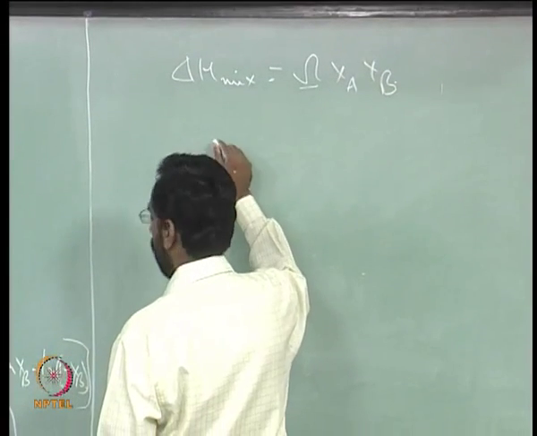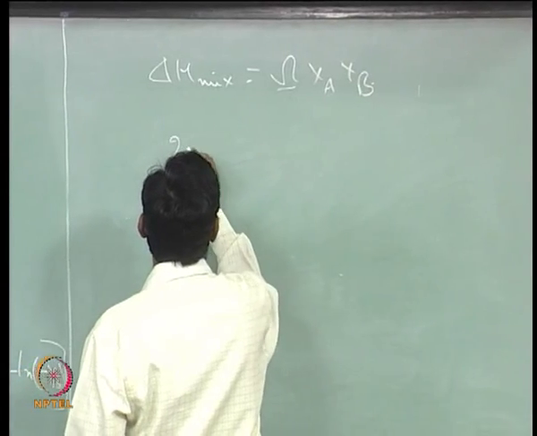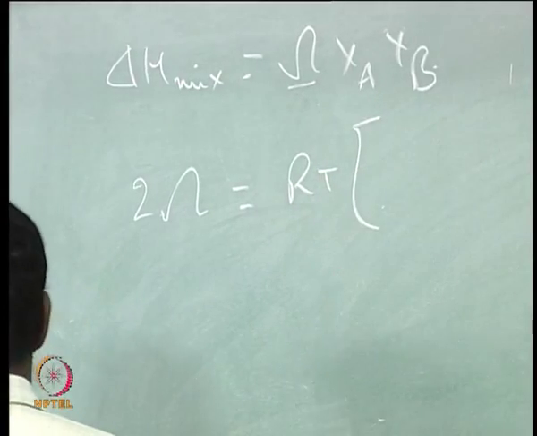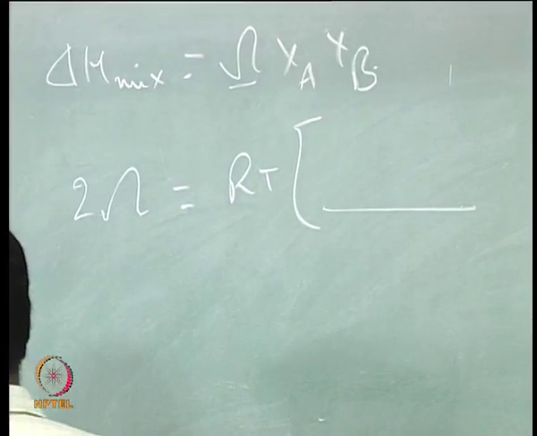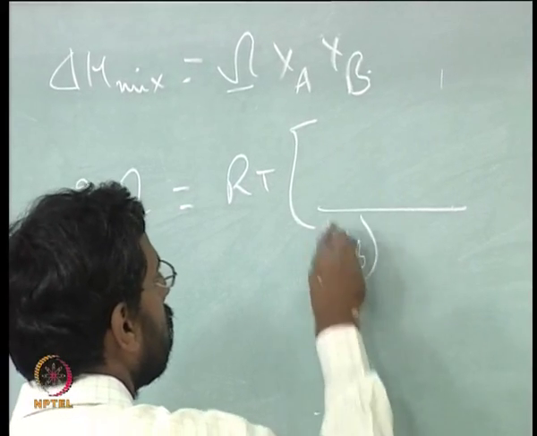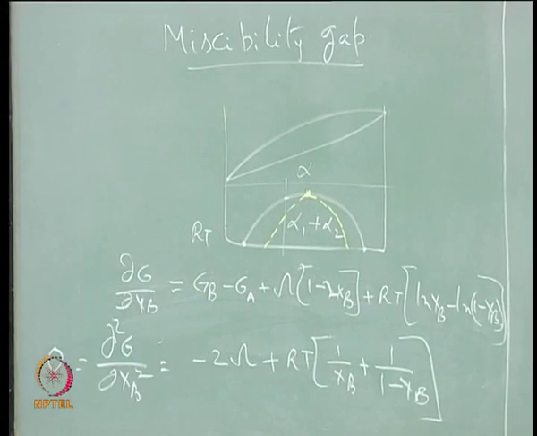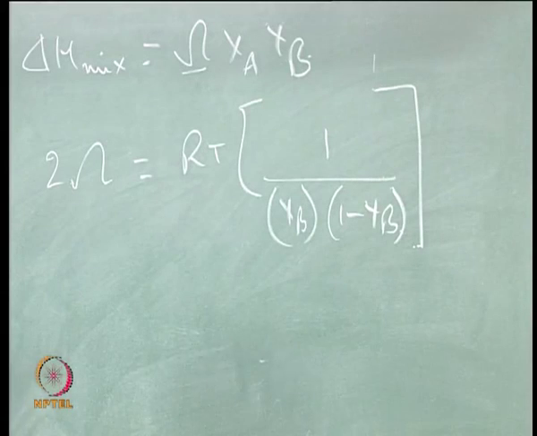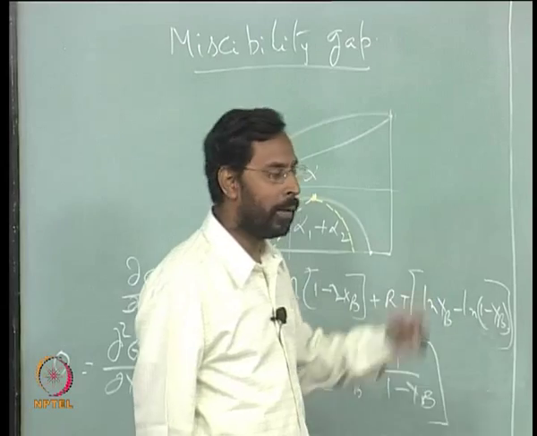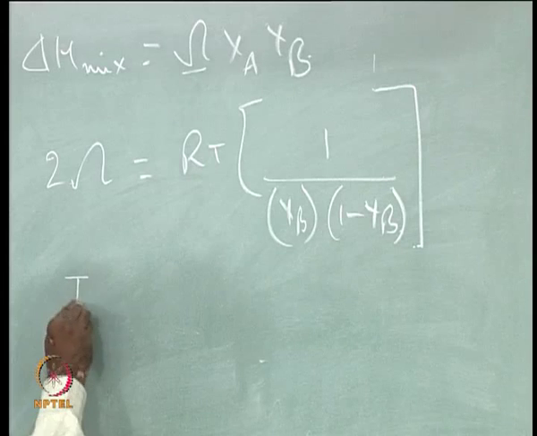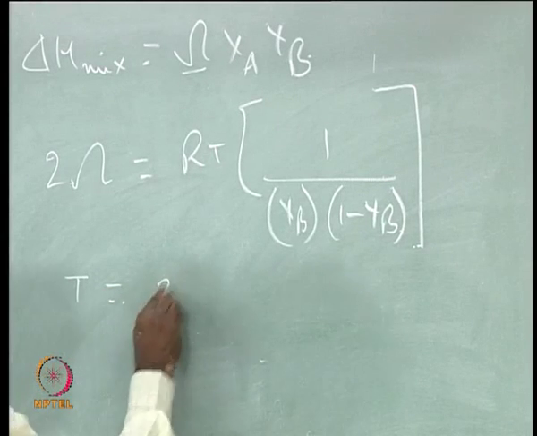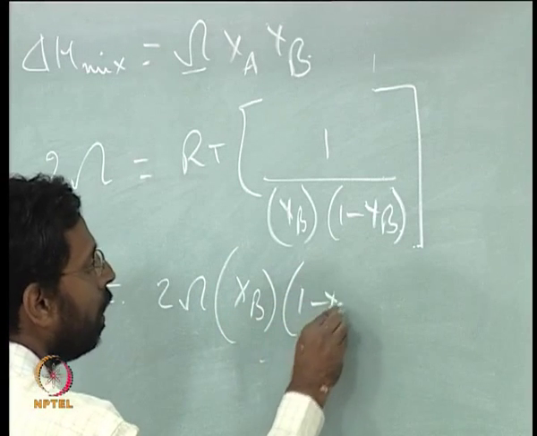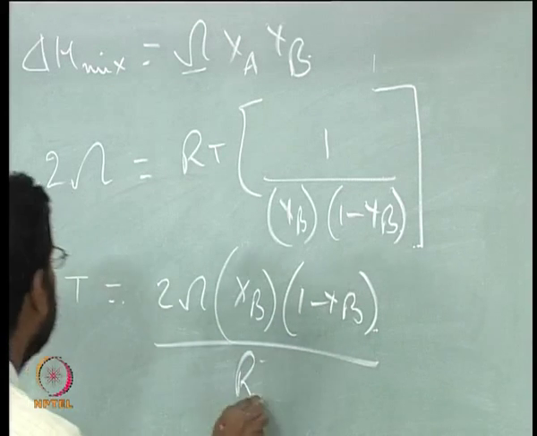So you can see that basically 2 omega is equal to RT into 1 by xb plus 1 by 1 minus xb, if you do the LCM there, you would basically get that. So that means T is 2 into omega into xb into 1 minus xb divided by R, that is what is the TC.